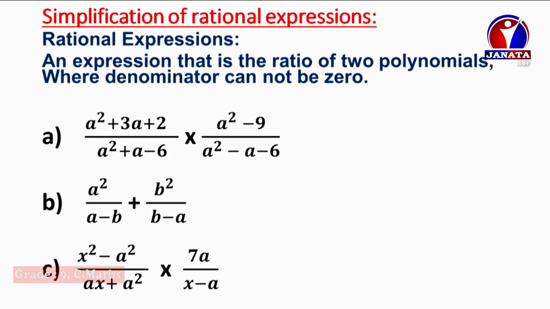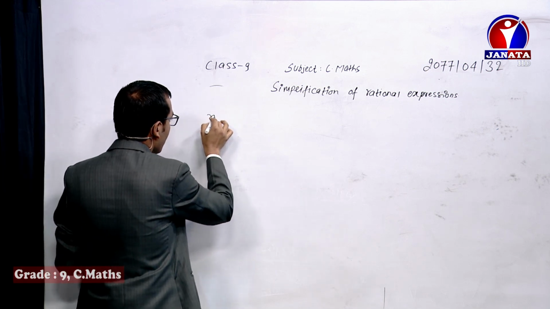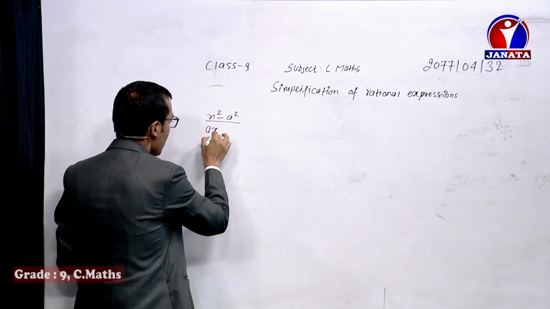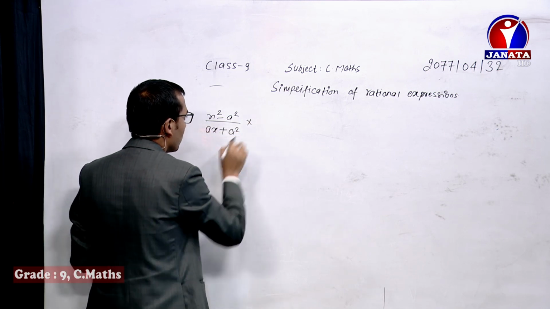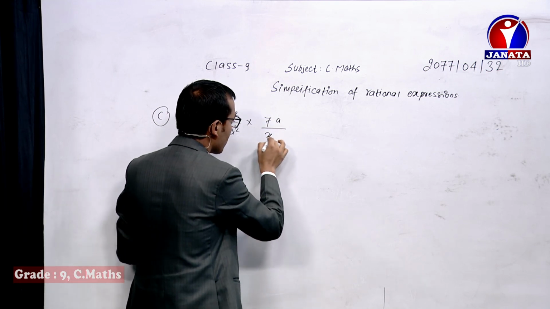Next question, number 3. Here it is x square minus a square over ax plus a square times 7a over x minus a.